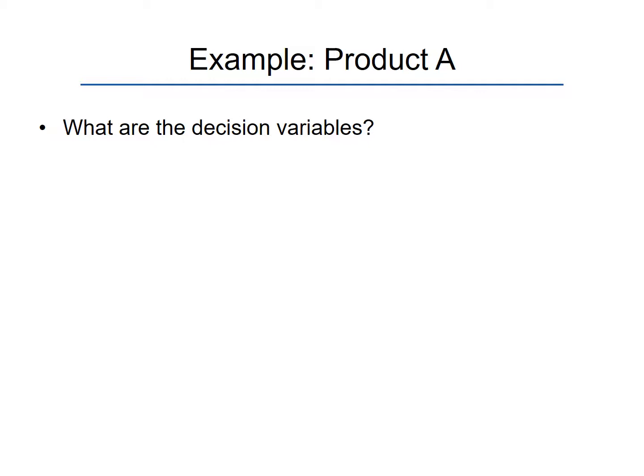For example, on the previous slide, we had the labor rates, the regular wage rate and the overtime wage rate. The assumption here is that they're beyond the scope of this problem. We can't really change those. We could change the total number of hours worked during regular hours, but we can't change that rate. We also can't change a policy like a worker cannot work more than 10 hours of overtime in a given period. Those things you're assuming you can't change.